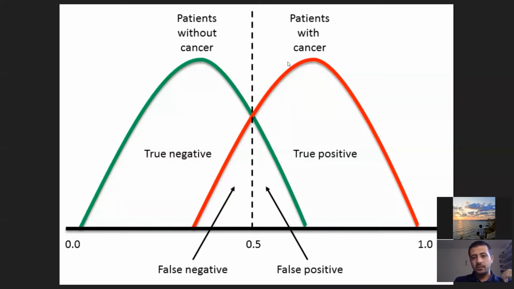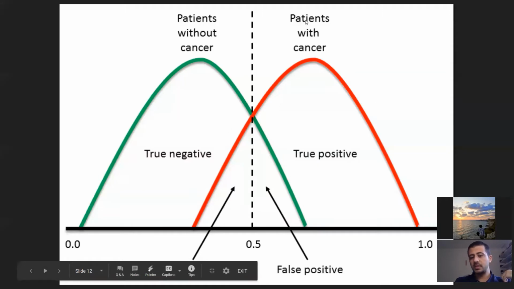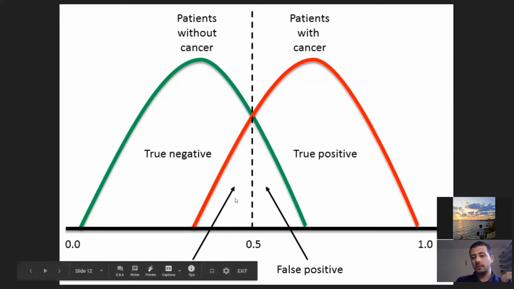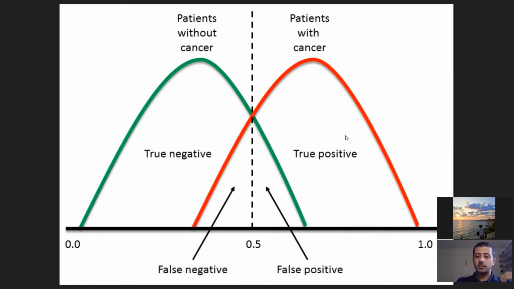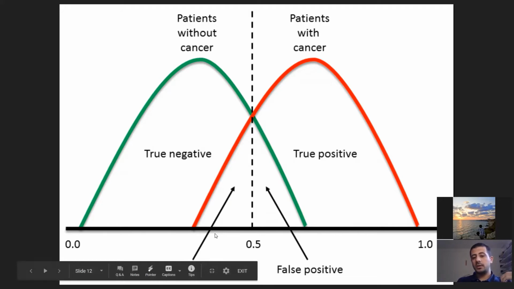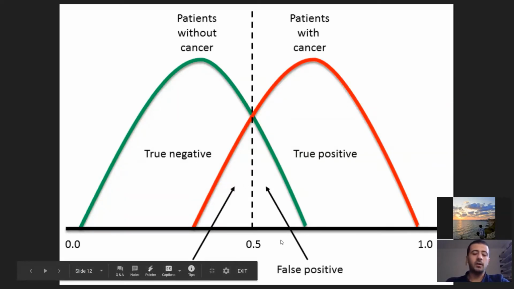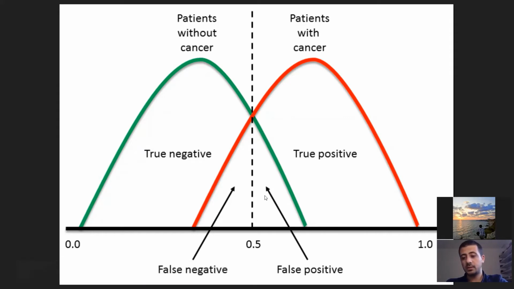So when I have the mean of the distribution of patients, and this mean is far away from the mean of people without the disease, then those overlapping will be less likely to happen. But when I have a disease that has the mean value in that test really close to the mean of the truly negative or the normal population, then I will have a lot of overlapping and a lot of false results.